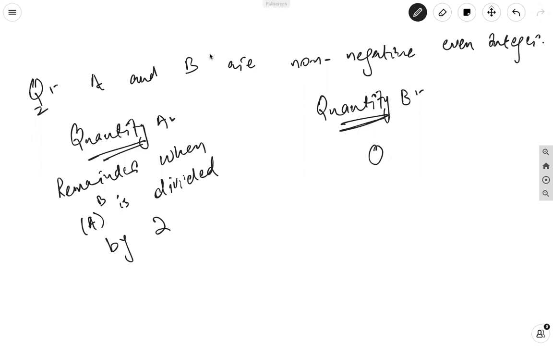Maybe the answer is C, maybe both are equal. Or A is greater than B. The answer is D.